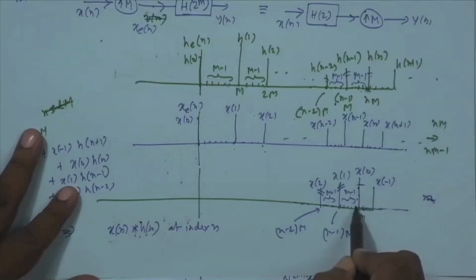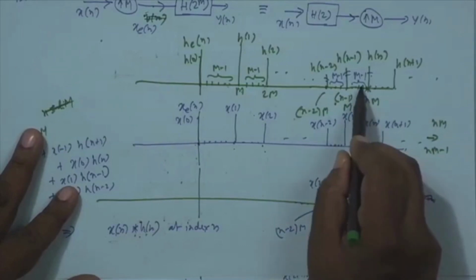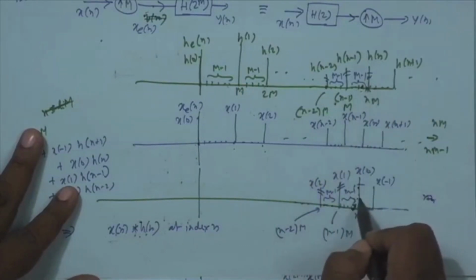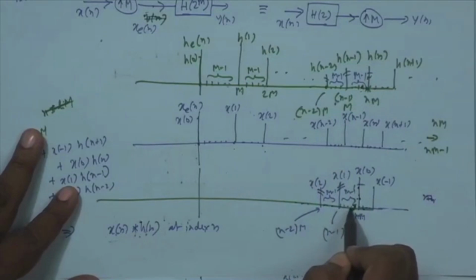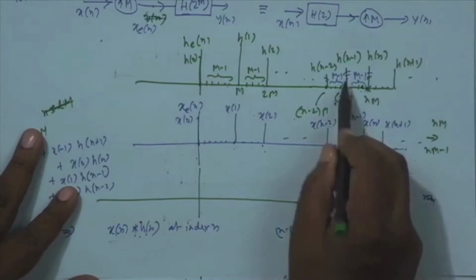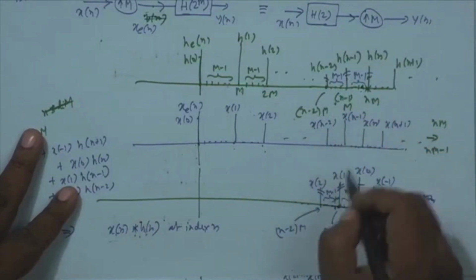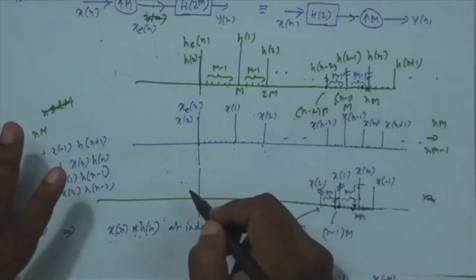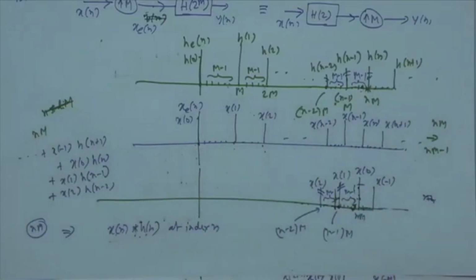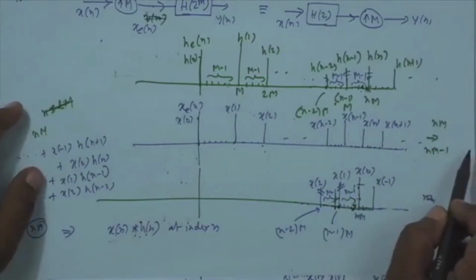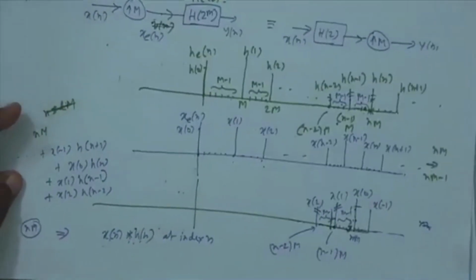So, x 0 would have come here. If this is x 0, this finds a 0 here and this finds a 0 here. This sample gets multiplied by 0, like that. So, the total will be 0.